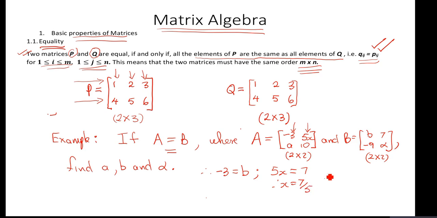Every single entry. A, second row, first column must be equal to second row, first column. a must be equal to -9. And of course, lastly, 10 is equal to alpha. Now, I need you to look at that very carefully. And why could I do that?